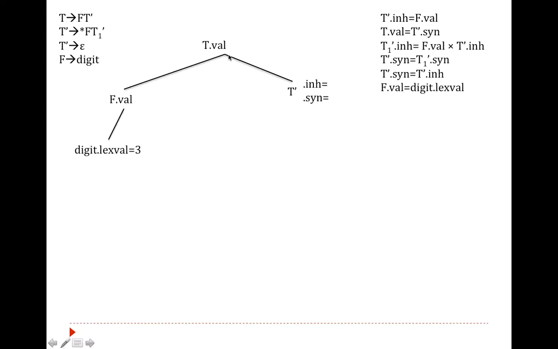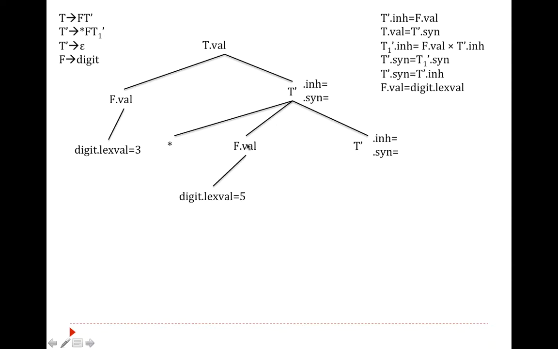Further, the rule will be F resulting in digit. Then T dash will result in star FT dash. Then further this F will result in digit. Then this T dash will once again result in star FT dash.